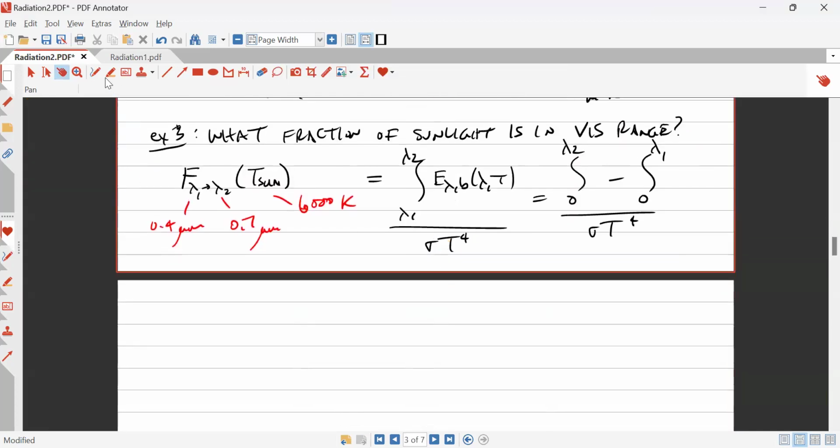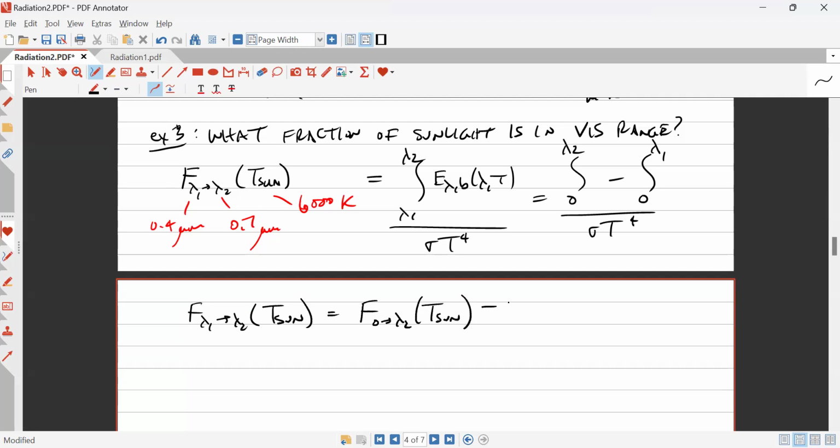Therefore, f from lambda 1 to lambda 2 at t sun is equal to f from 0 to lambda 2 at t sun minus f from 0 to lambda 1 at t sun.